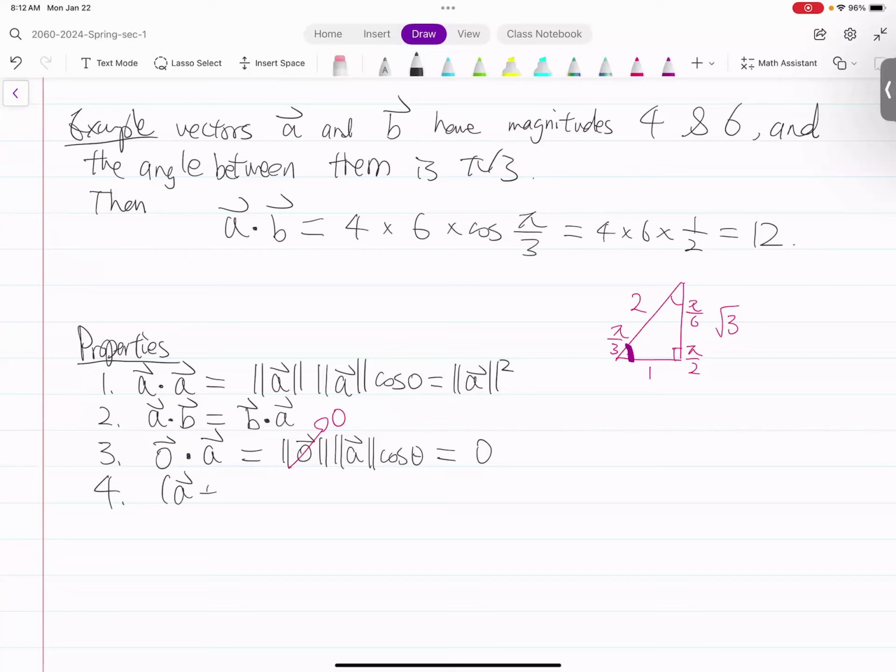So if we have A plus B as a sum, starting with the vector C, we can do this distribution so that the sum dotted with the vector is just you add up the individual dots. So (A plus B) dot C is gonna be A dot C plus B dot C.